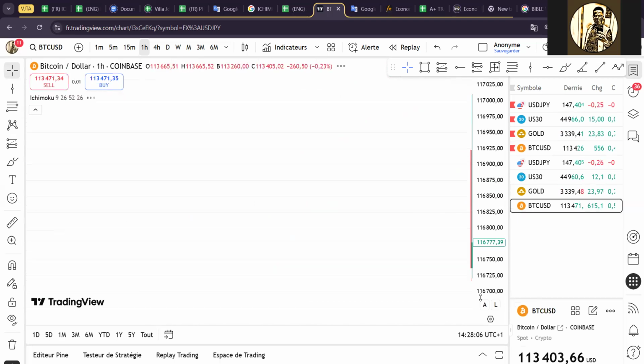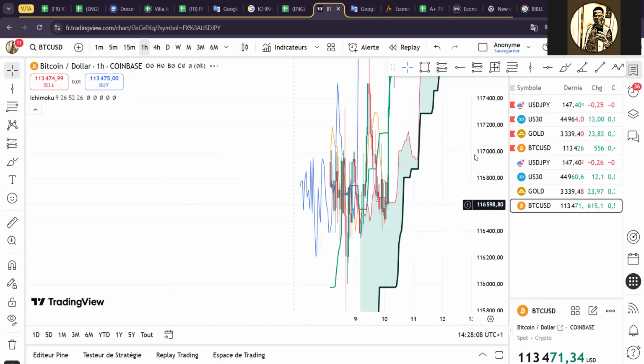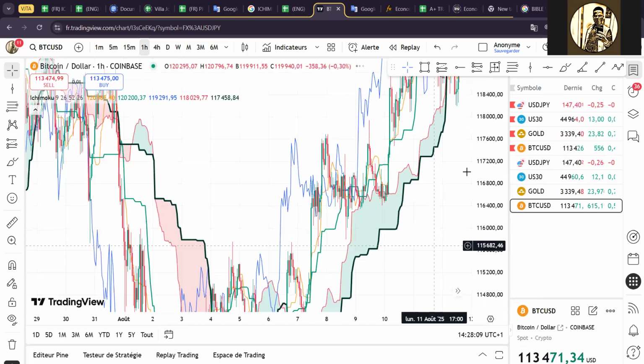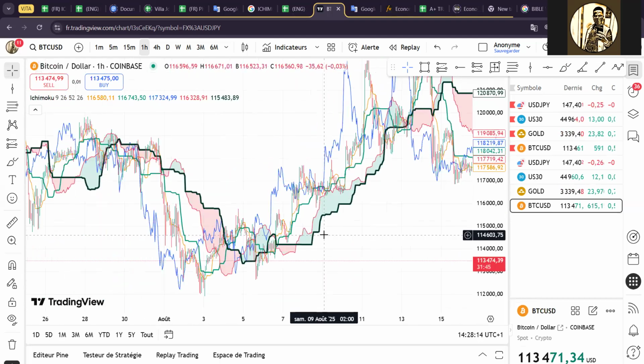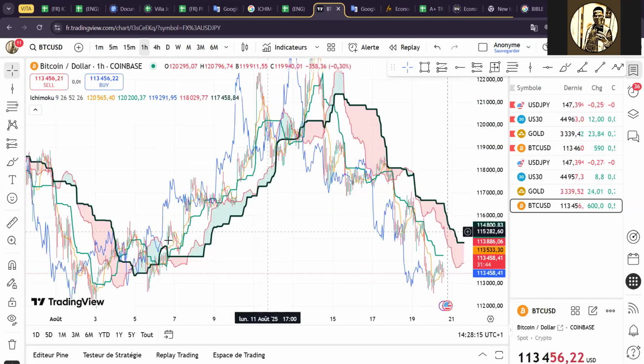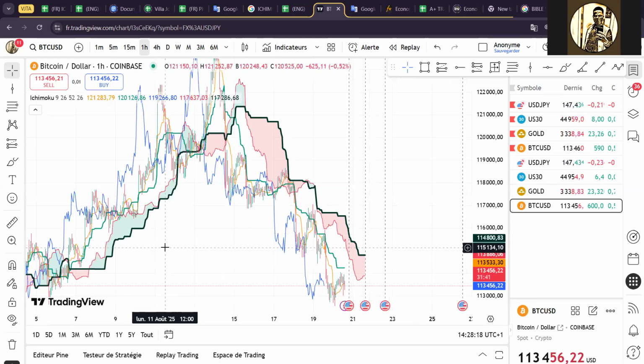Let me go on Bitcoin just to show you the setup, just to show you the phase. It's not a setup, it's a phase. Will I see it here?